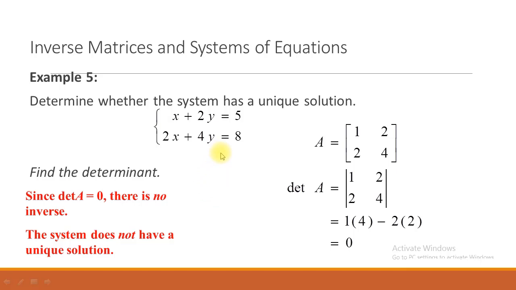Maybe the system has no solution, or maybe it has infinitely many solutions. It does not mean only that the system has no solution. When the determinant is equal to 0, the system does not have a unique solution.